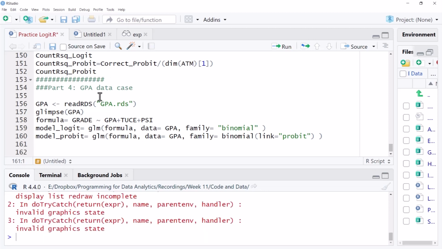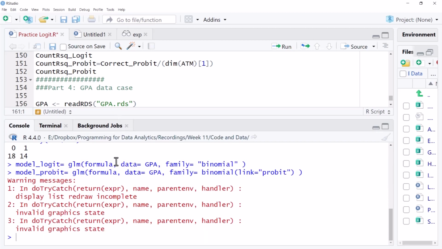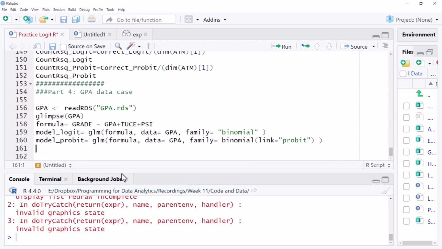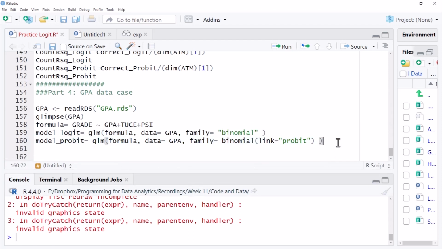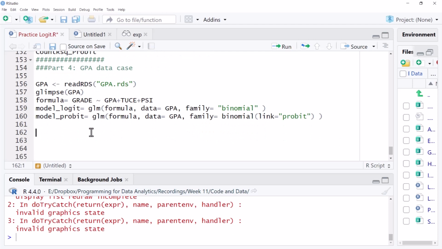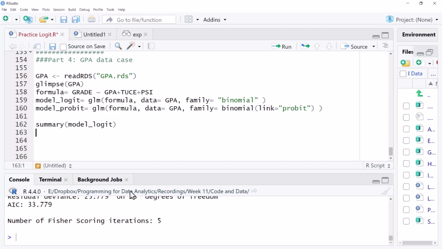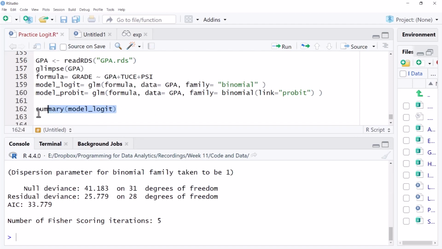Now that we have run the logit and probit models, in the next step we'll try to summarize the results obtained from these models. First we'll summarize and compare both the results. One is logit results and the other is probit results.